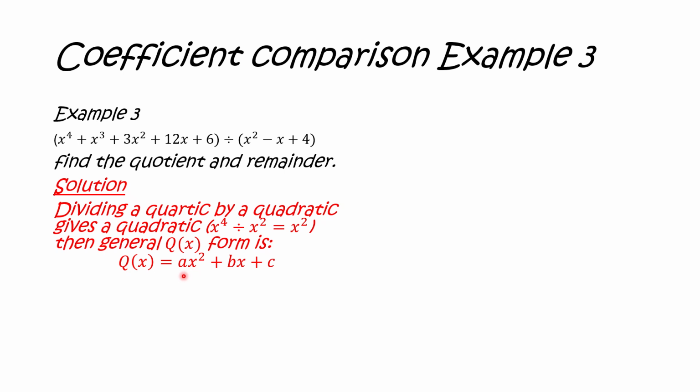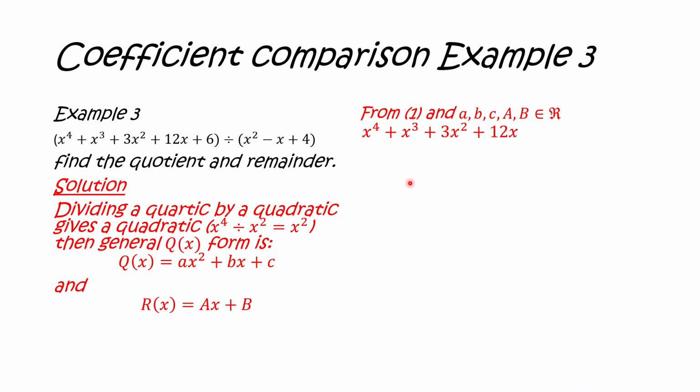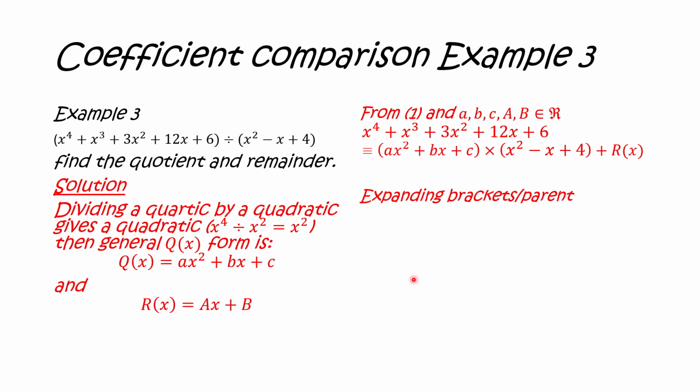So our expected quotient will be of that form, the quadratic form. And then we have our remainder, which is 1 degree lower than that of the divisor. Right, so with that, we are going to substitute into equation 1. So recall a, b, c, and A, B, the capital letters, are all real numbers.